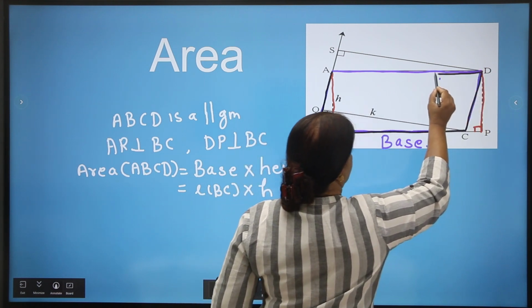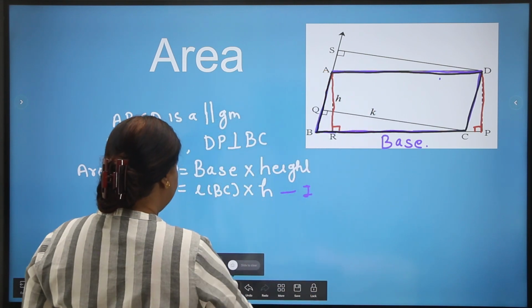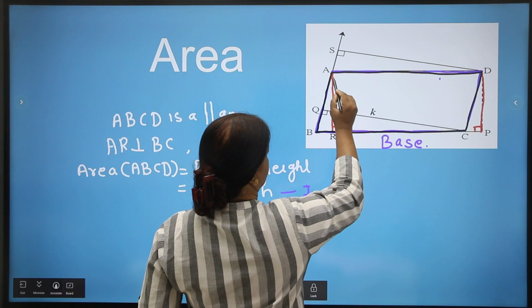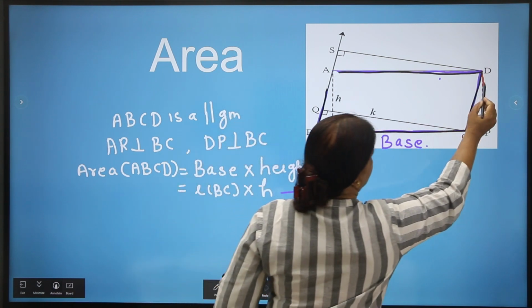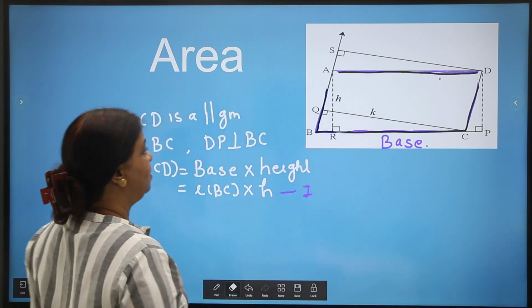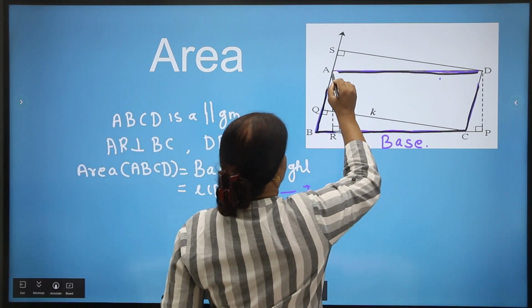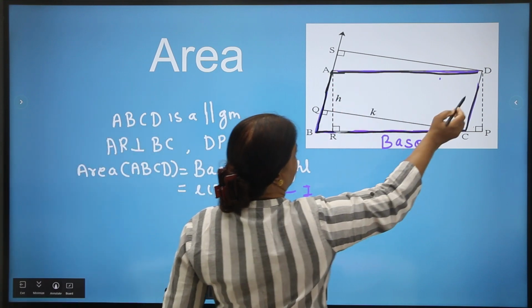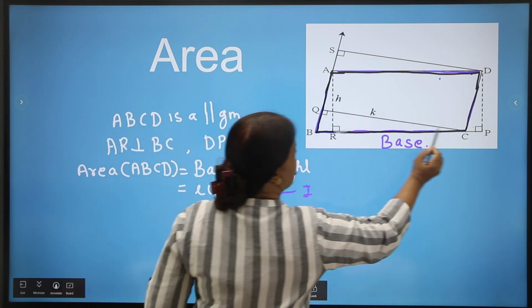But at this time, my height will not be AR. I am not considering DP and AR as my height. So what will be the height of the parallelogram? The height of the parallelogram which I am going to consider is CQ.